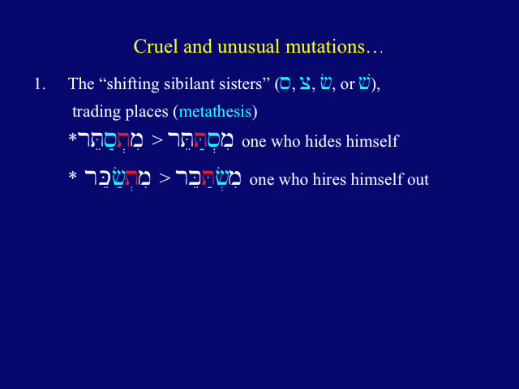One who hires himself out. But metathesis happens with the sibilant and the tav, and you get mistaker. The key with these is to recognize that you have a hithpael participle with that mit thing going on, and realize that where you expect mit, you're dealing with mis or mish before that tav comes along. Again, the second part of the form with the katel, with the mistater and the mistaker, is helping us a good bit.